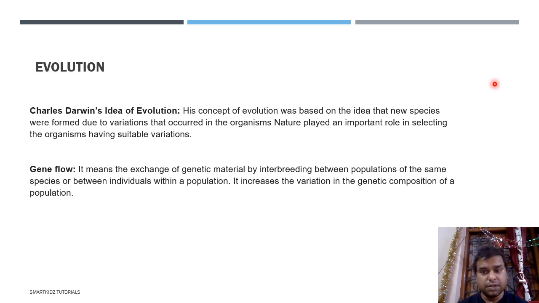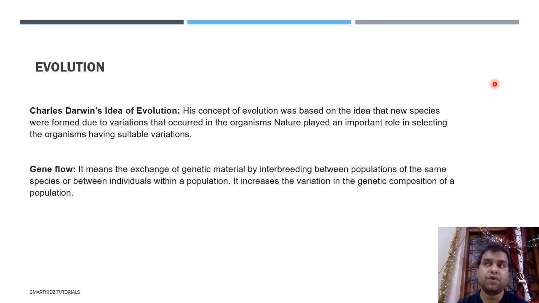So this is all that we have in the chapter of heredity and evolution. We started from learning about how Mendel started his work, his experiments, the Mendelian laws of inheritance.